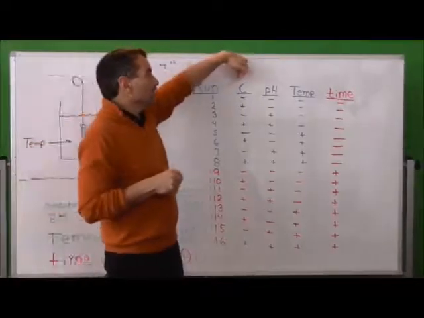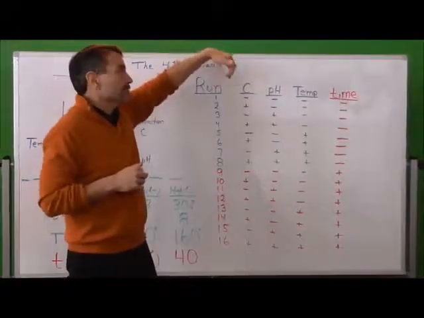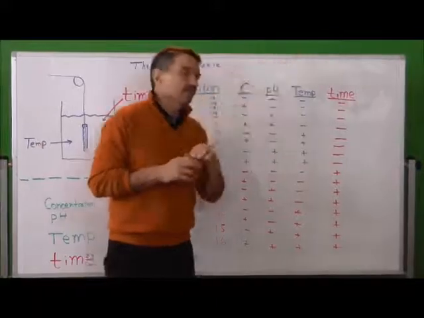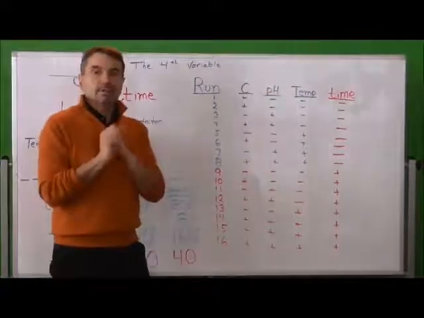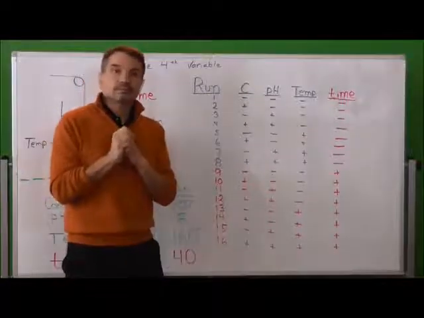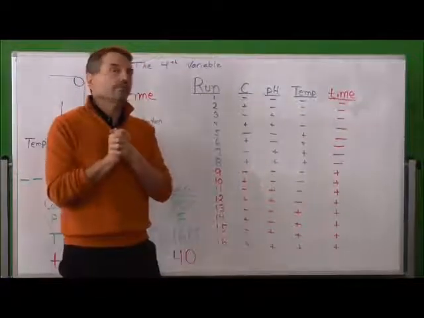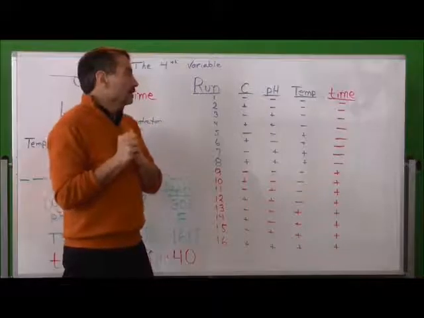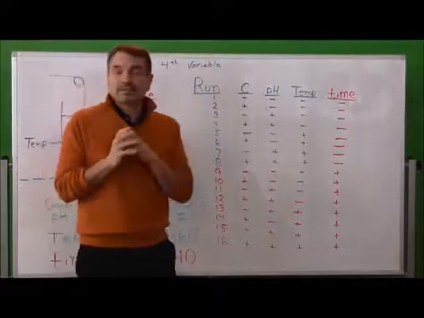The four-way interaction between the concentration, pH, temperature, and time, a lot of times those show up as being what I call gold mines, because, quite frankly, they couldn't have been found any other way other than through the DOE process.